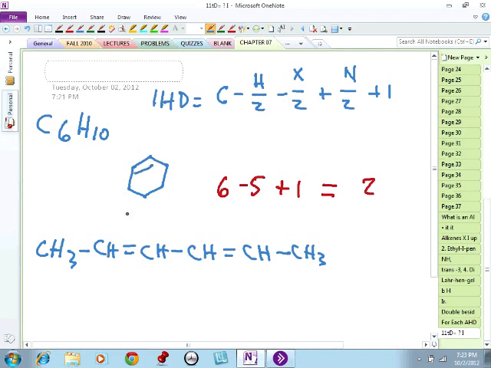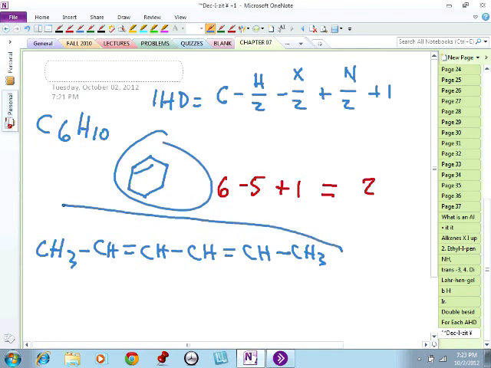What is the relationship between this molecule and this molecule? Are they isomers? Yes, they are isomers. What type of isomers? Constitutional isomers, yes. They are constitutional isomers.